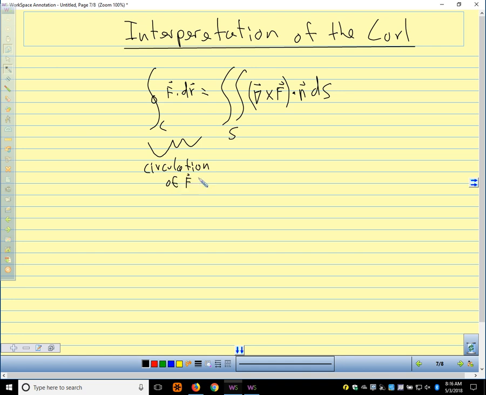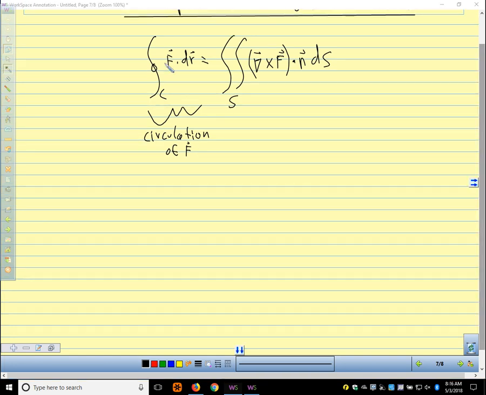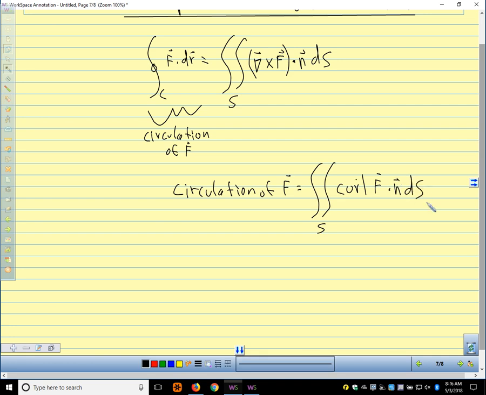Because what that line integral is, we're integrating the tangential component of the field around the curve. So that tells us something about the field circulating around that curve. We call that the circulation of F. So we can rewrite this equation as the circulation of F equals the double integral of the curl of F dot n dS.